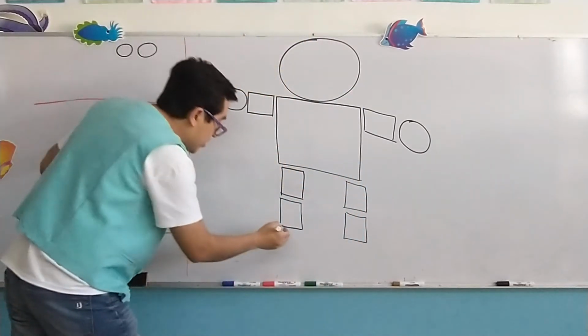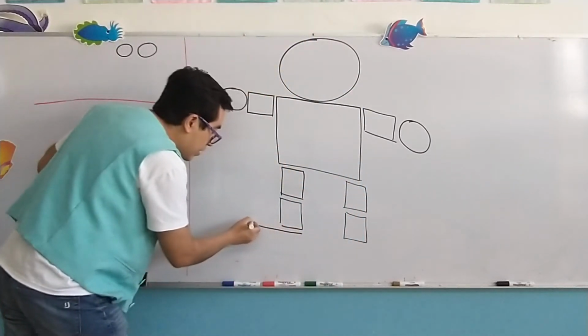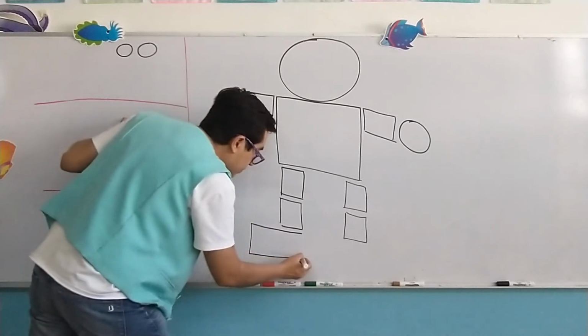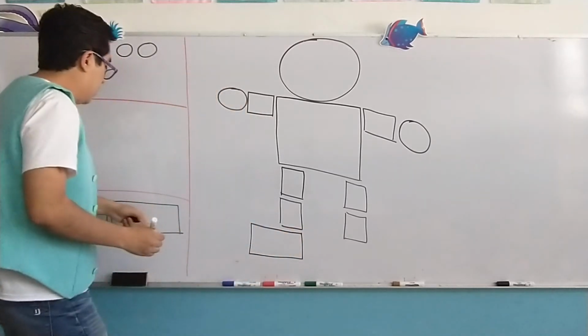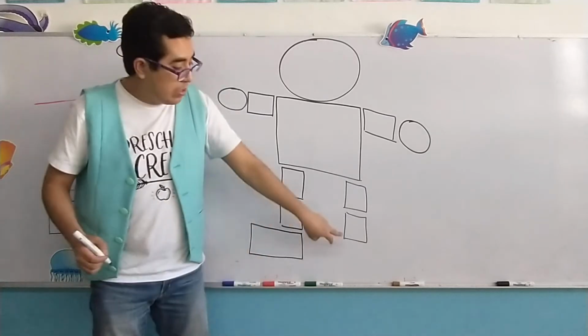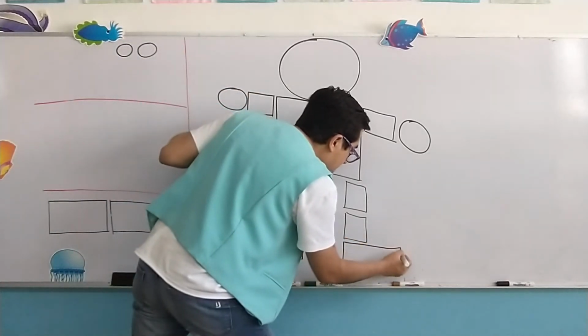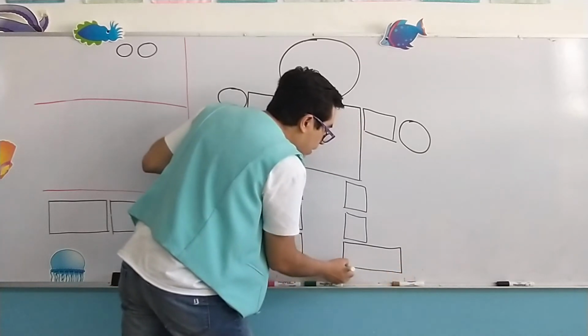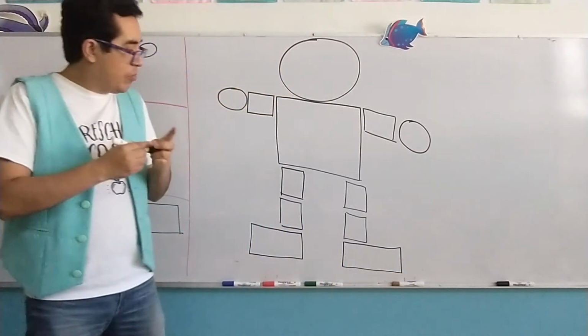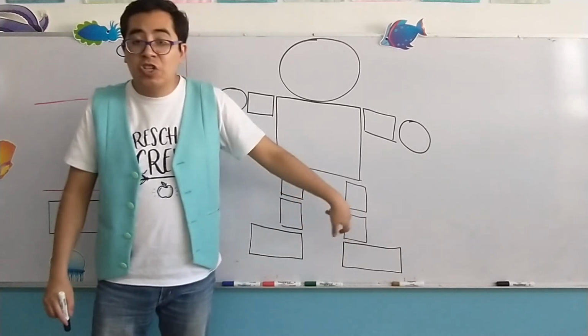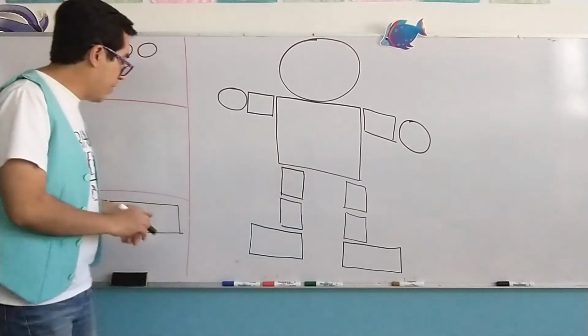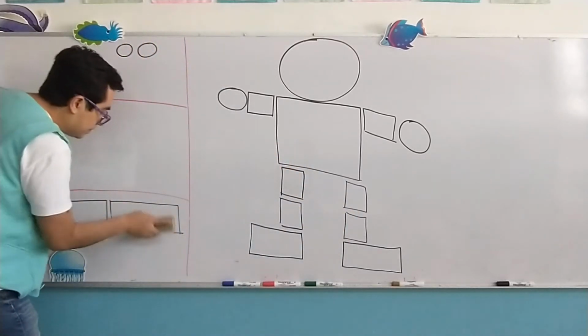So, the first rectangle goes in this part. The second rectangle goes here. Okay, and once again, once we put them in this section of the body, let's erase them from here.